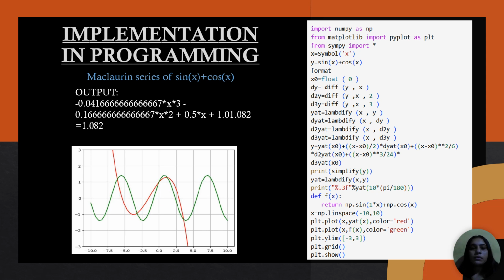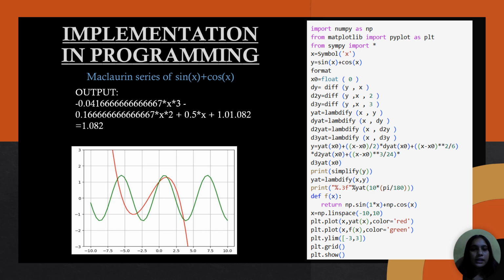And so if we compare the graph for a clearer understanding, the red curve closely follows the green curve. This is because the Maclaurin series is designed to approximate the function accurately near the expansion point.